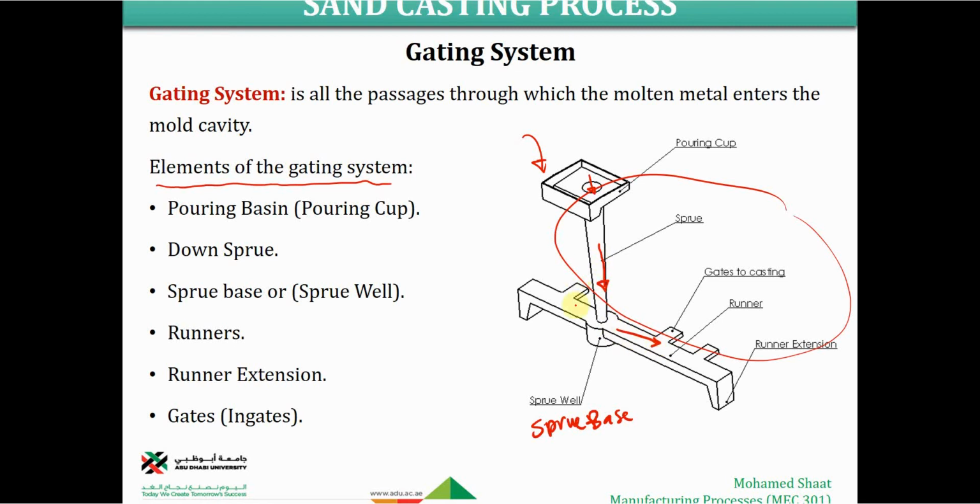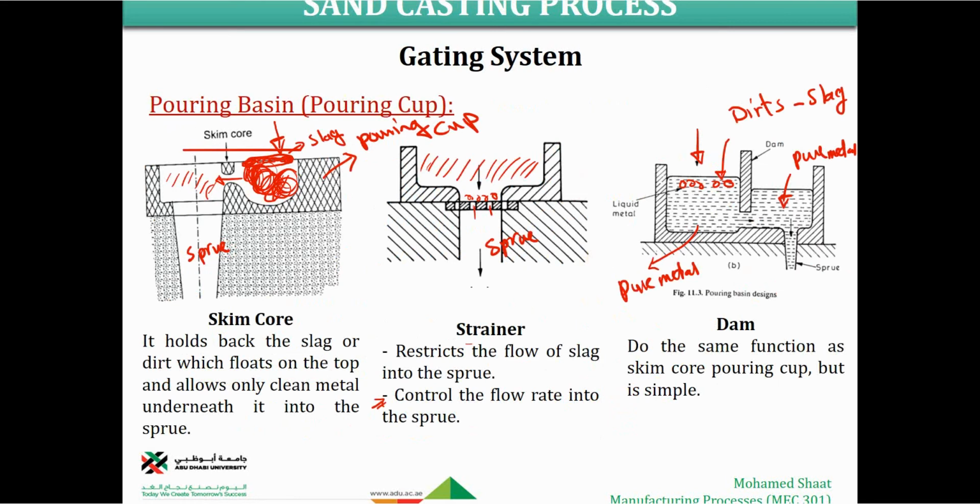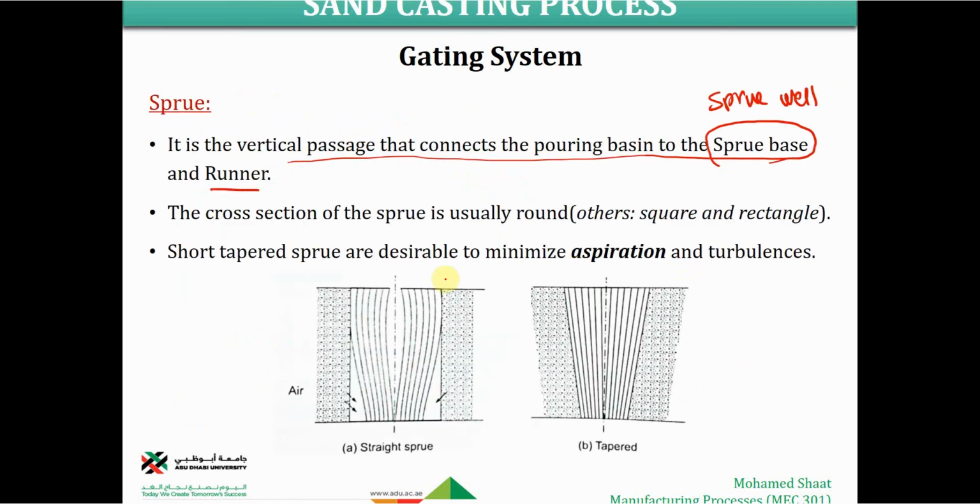To handle this abrupt change in the flow, we use the sprue well or the sprue base, as we are going to discuss. But there is an important function of the down sprue. The cross section of the down sprue is usually round, but in some cases it would be square or rectangular. The common one is round.